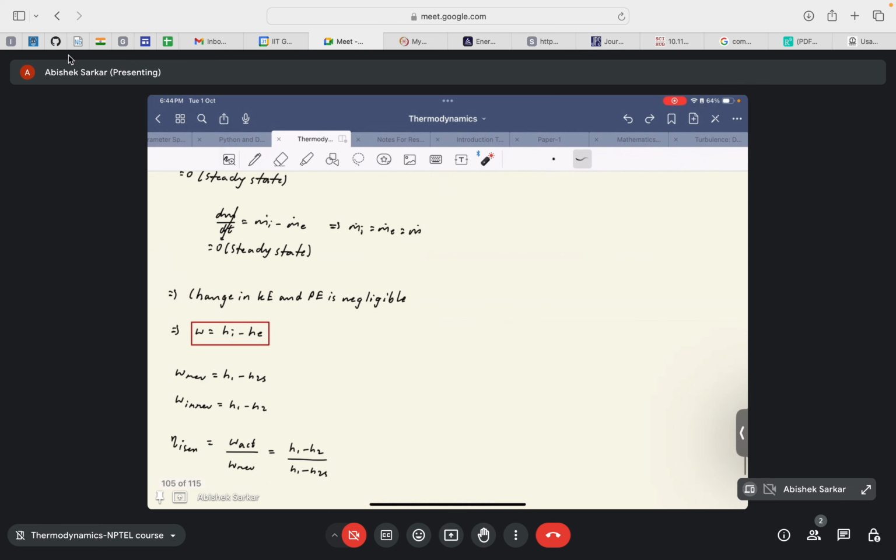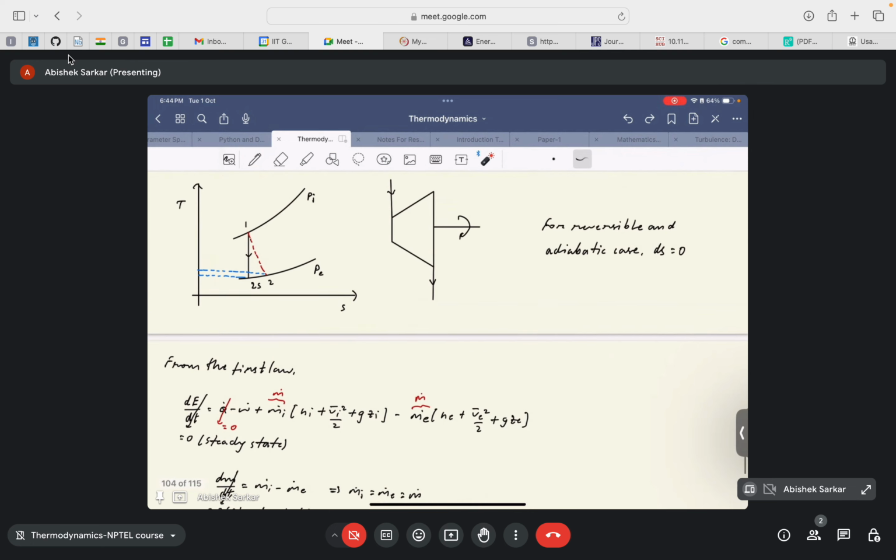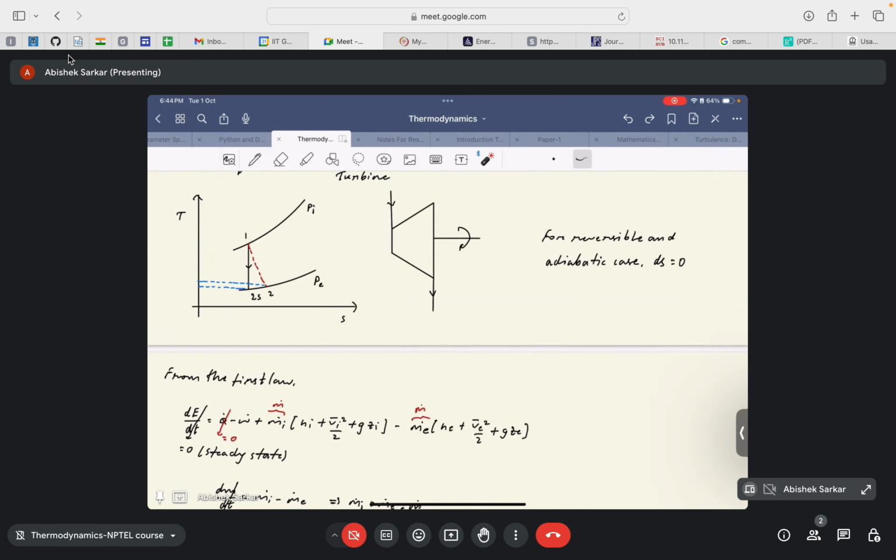Because point 2 is higher than point 2s in the TS plot, it would basically imply that the net work achieved from an irreversible process is lesser than the net work achieved through a reversible process. And it is quite intuitive to take it that way, because of irreversibilities, the net work obtained was lesser than what we could have obtained in a reversible adiabatic case, or an ideal case.